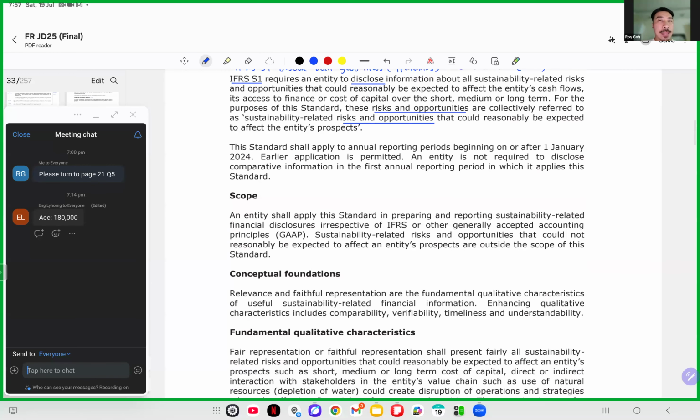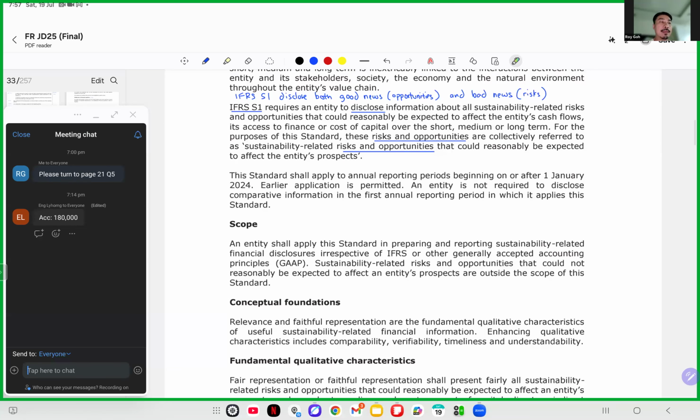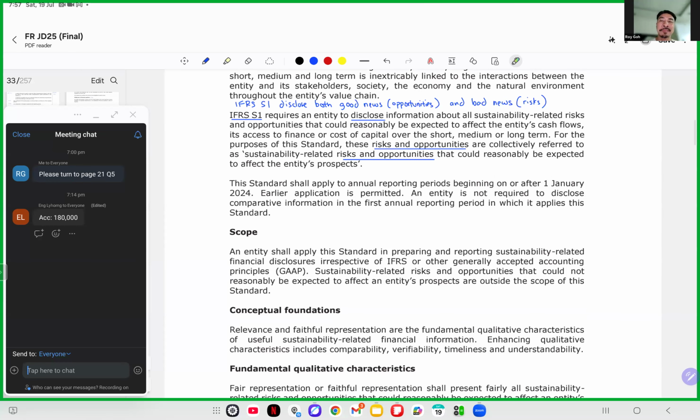So if you are done, you notice that unlike your IFRS 18, which is 2027, this is already applied in 2024. So companies in Cambodia, in Singapore, and anywhere around the world, they must already report this. Some of you in audit firm, as an auditor, you must audit whether your client has reported IFRS S1.